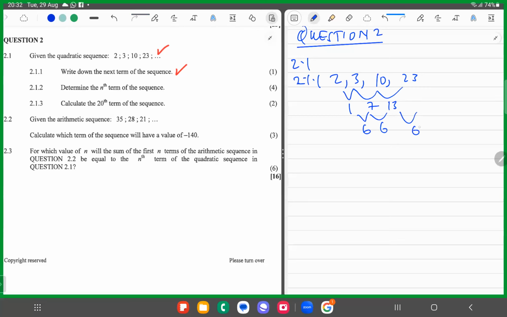And then if you add 13 plus 6 gives 19. And so 19 plus 23 is exactly 42. Okay, so the next term is 42.